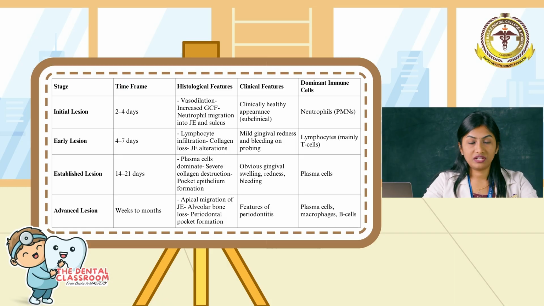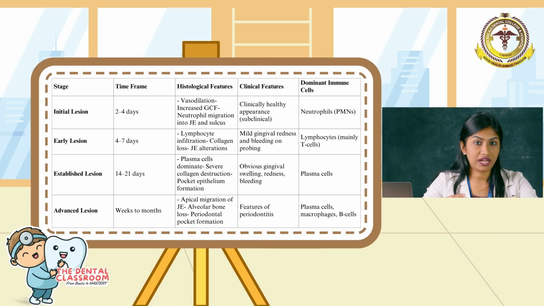And next is the advanced lesion. As the term implies, the lesion has gone into the deeper connective tissue structures. Here this chronic inflammation is going to take place over weeks or months or years, and here we can characterize the apical migration of the junctional epithelium.